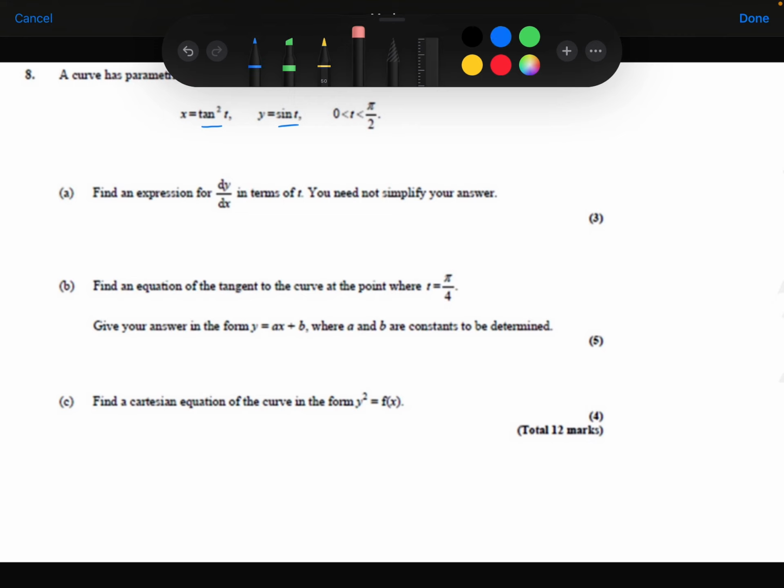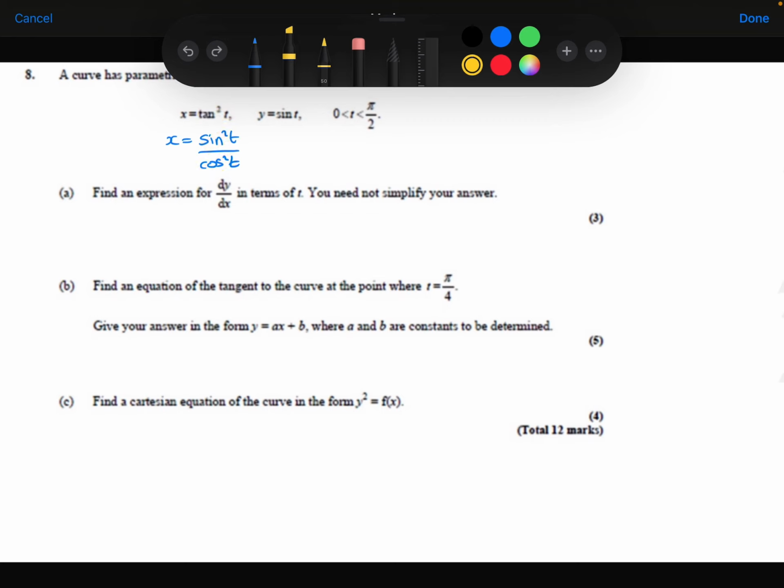So I've got a tan t there. In fact, I've got a tan squared t. So I can rewrite that as being sine squared t over cos squared t. So I'm just rewriting the tan squared as sine squared over cos squared.